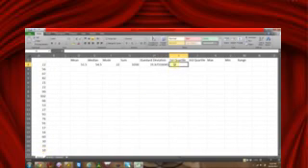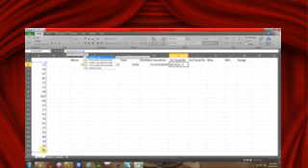Now for your first quartile, it's a little different. All you have to do is type in equal sign, you type in quartile, you start your parentheses, and then you have to highlight your data, and then type in comma, and then type in 1. Now the reason why you're typing in 1 is because it's your first quartile. They need to know what quartile you're looking at. Third quartile, first quartile, which quartile you're looking at.